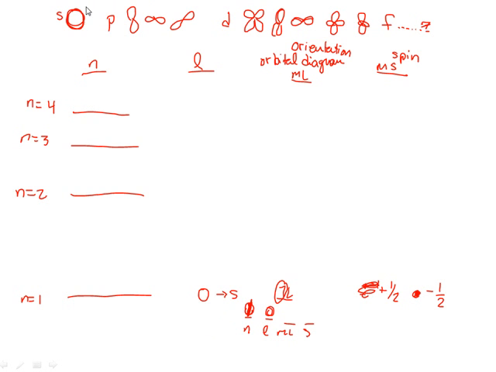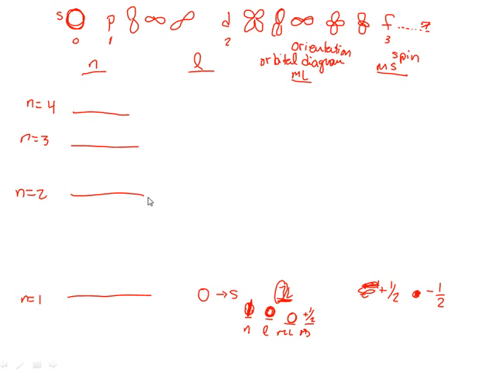That's just something you have to memorize. s is 0, p is 1, d is 2, and f is 3. So it's in an s-type orbital. s only has 1 orbital, so its number is 0. And then its spin, for this electron, we would refer to as plus 1/2.